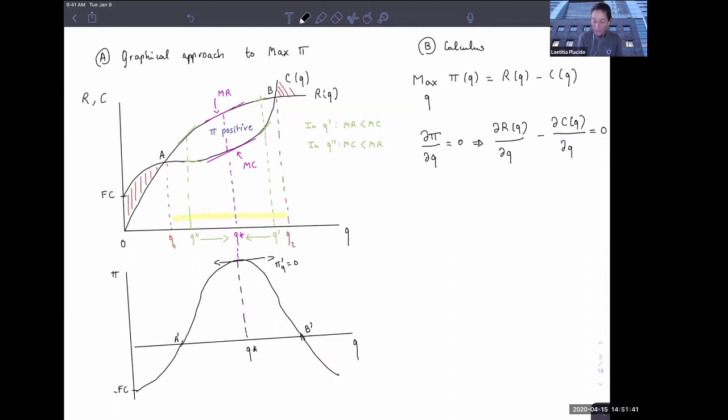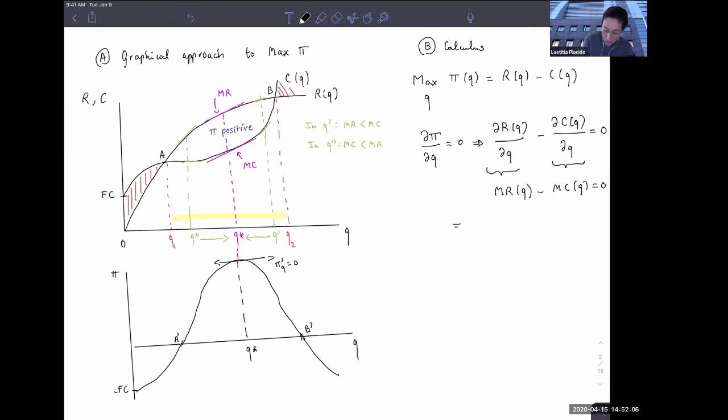Okay. But what do we know about dR over dQ? Well, this is marginal revenue, by definition. So we have marginal revenue minus dC over dQ, which is marginal cost. And this is going to be equal to 0, okay?